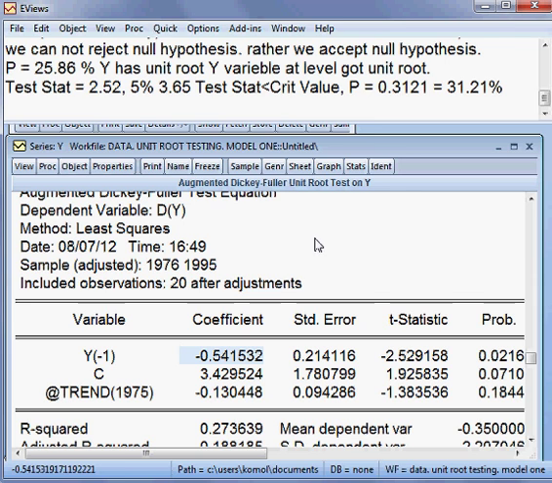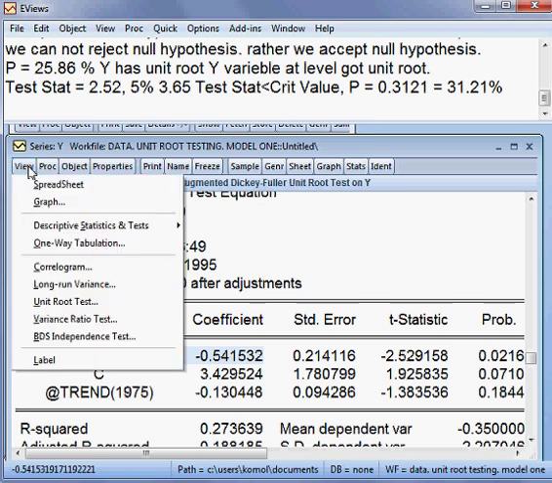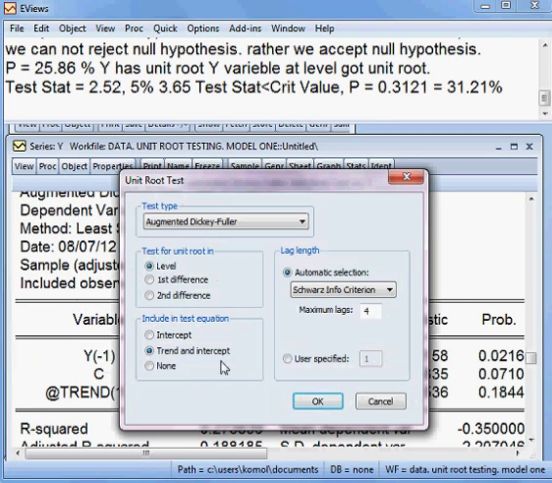Now our third model. We can check. I go to view as before, then I go to unit root test. So it is our third model, that is none, meaning that our model has neither trend nor constant.